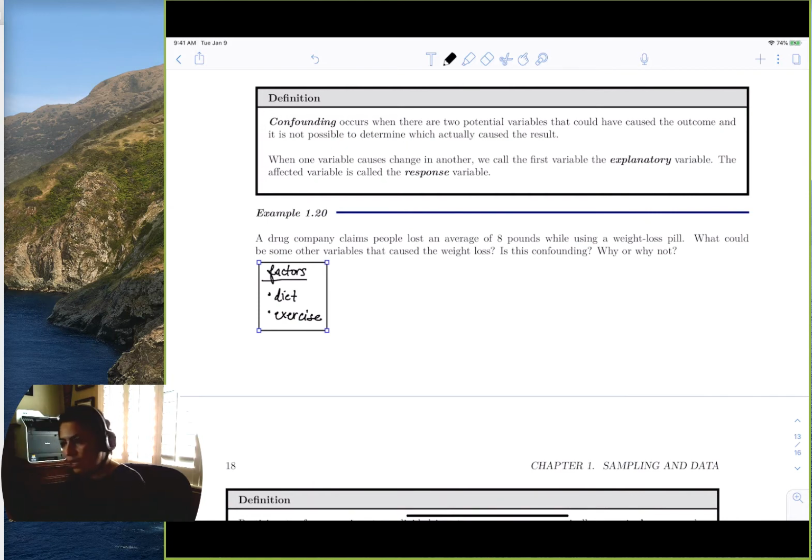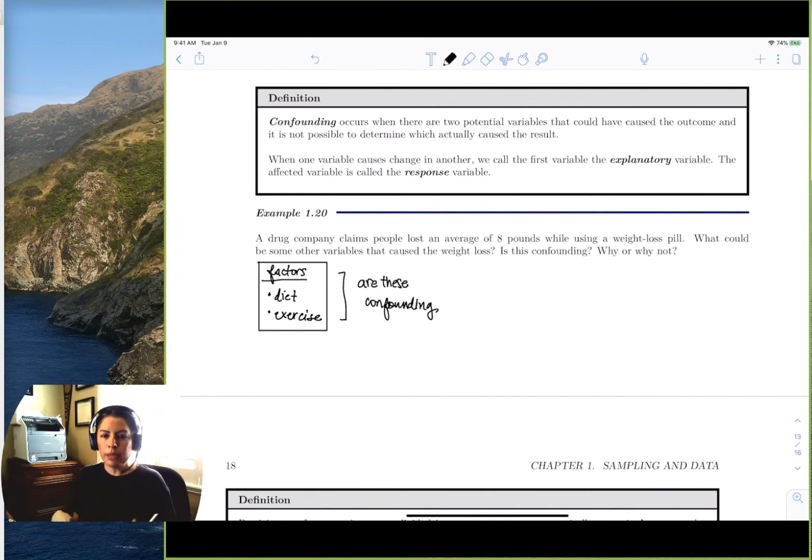And the other question was, are these factors confounding? Meaning, is there more than one thing happening with the weight loss where it's going to be hard to narrow it down that it was the weight loss pill, even though it may have contributed, but is it? Yeah, so there's the weight loss pill, there's diet, and there's exercise. How do we know it wasn't the diet itself that did it all, right? How do we know it just wasn't the exercise that the body needed, right?